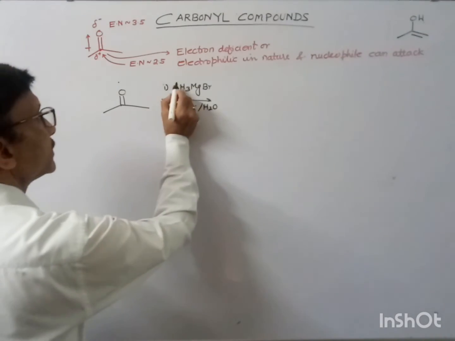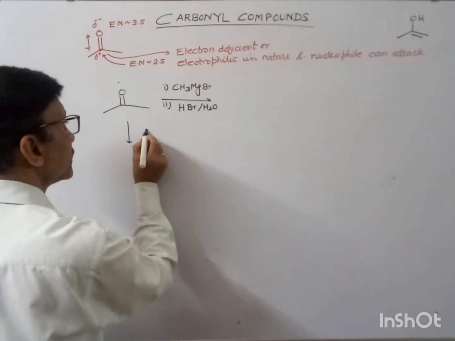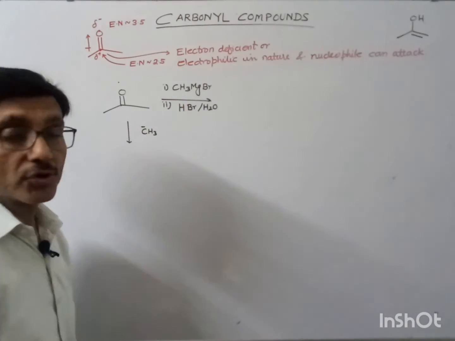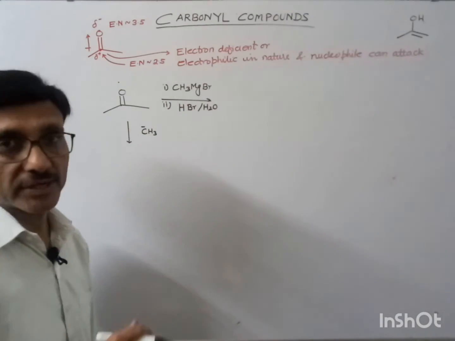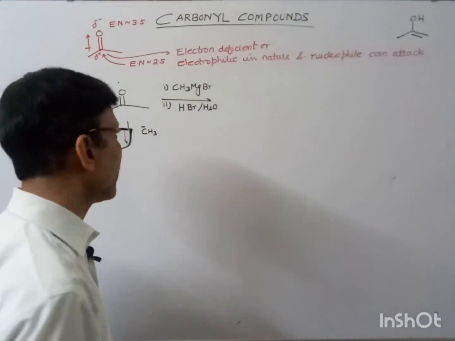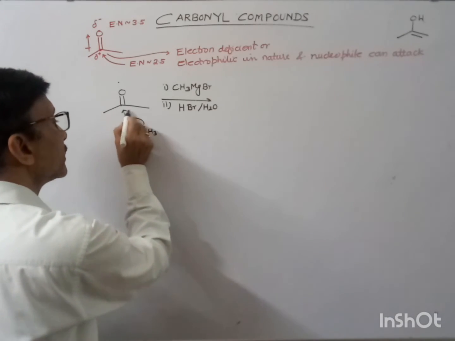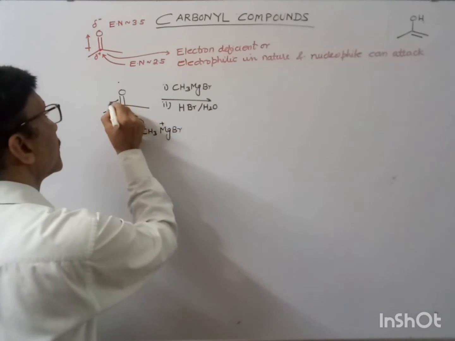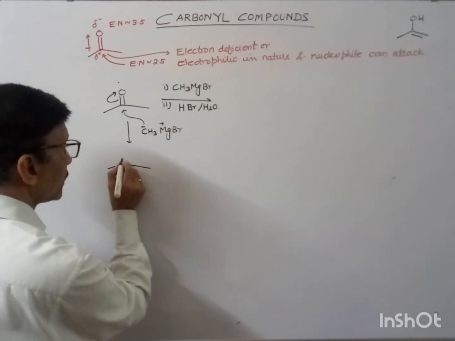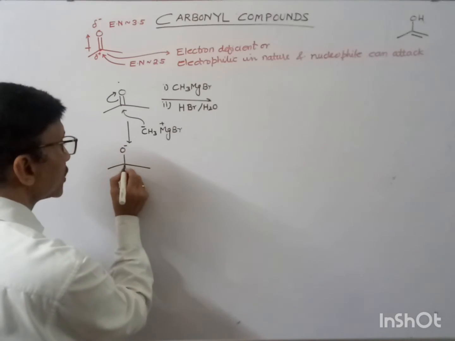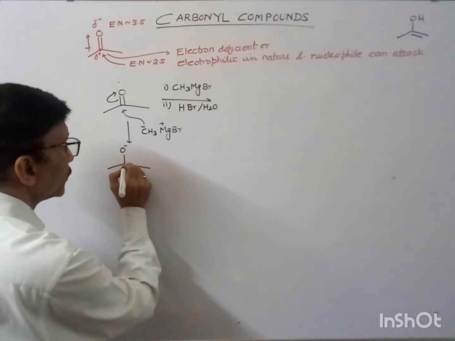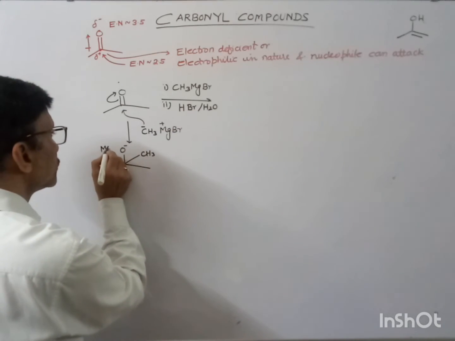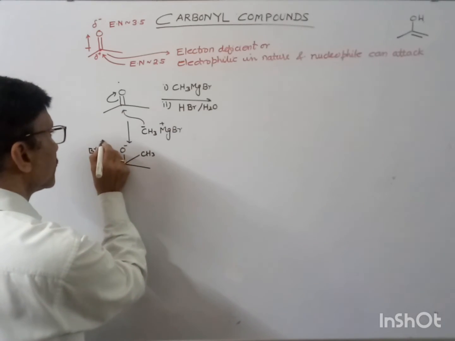How will you write it? In the first case, this is a strong nucleophile, and no doubt the forward reaction would be more in comparison to the backward reaction. So it will attack, and you have this minus charge, and here we will have this CH3, and this MgBr is the counter ion which is present like this.